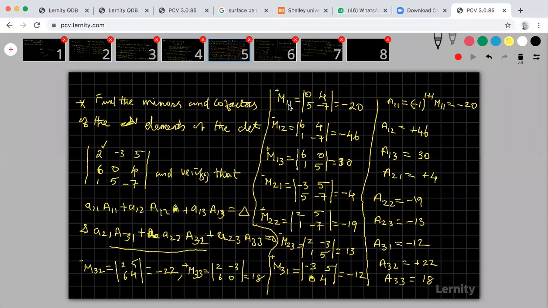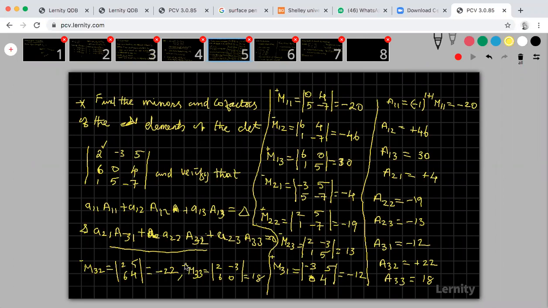If this is even, multiply by plus. If this is odd, multiply by minus. Even means multiply by plus, odd means multiply by minus.